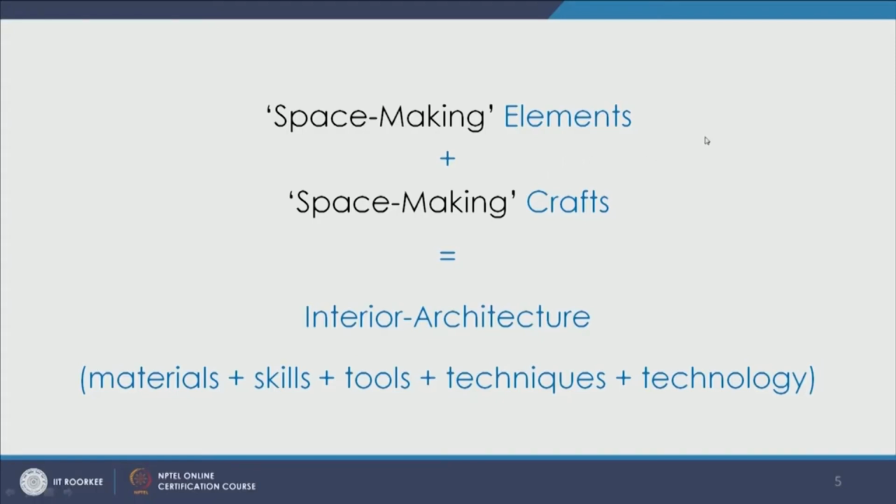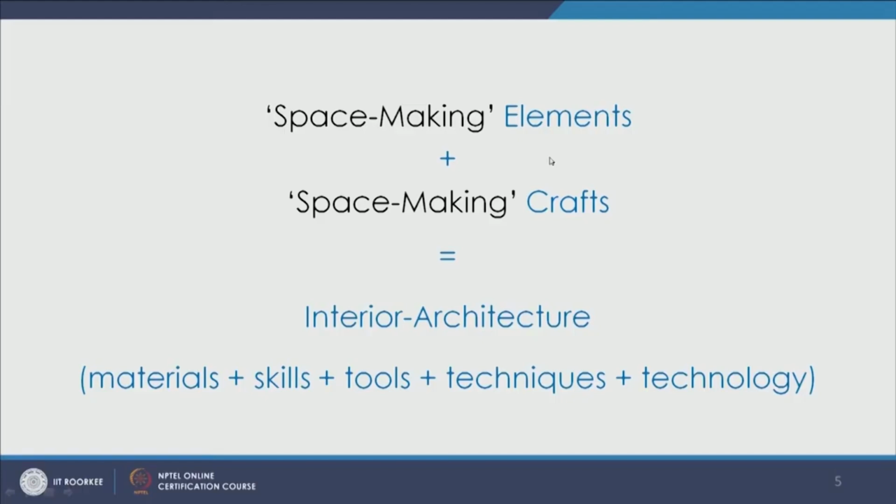So, we can say that space making elements and space making crafts together create interior architecture. And when we talk about this creation, there is a great role of materials, skills, tools, techniques, technology, the entire process involved. So, starting from this basic equation, we will move on and see elaborately what are space making elements, what are the crafts and how do they create interior architecture.